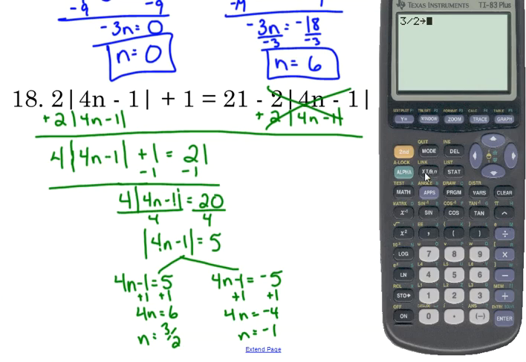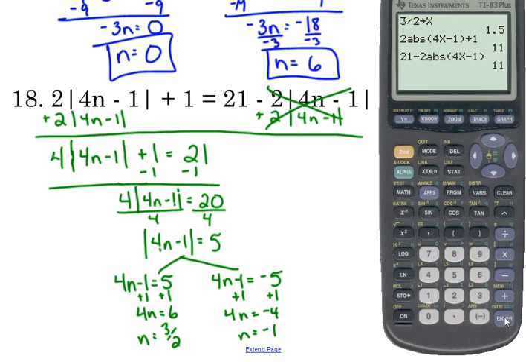Reminder of storing the fraction as x, just so you don't have to type it in so many times. So store 3 over 2 as x, and then I can just type in 2 absolute value of x minus 1, close parentheses, plus 1. That should be equal to 21 minus 2 times the absolute value of x minus 1.